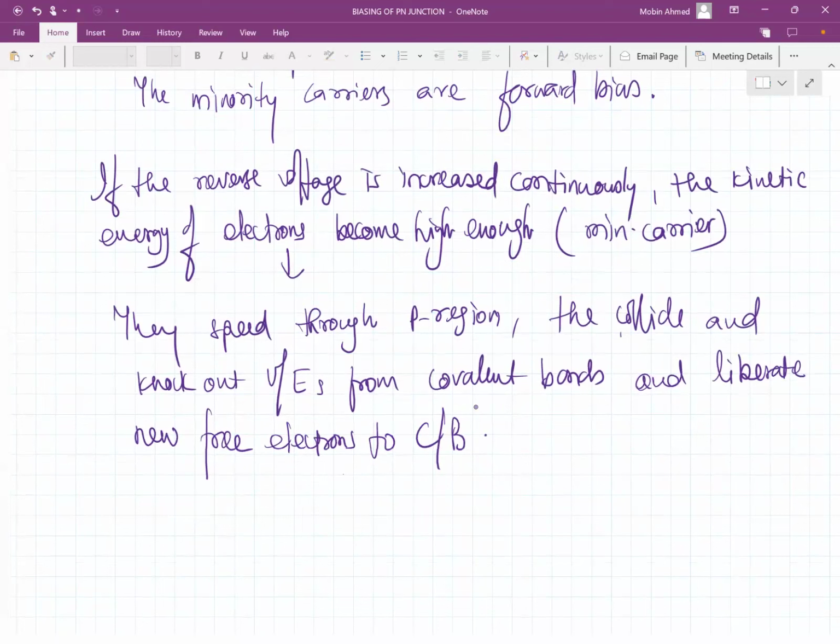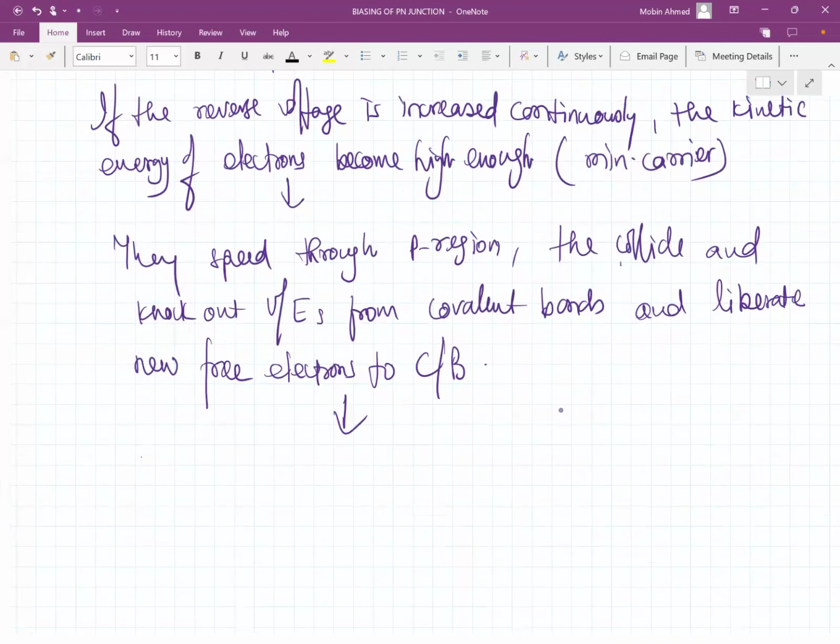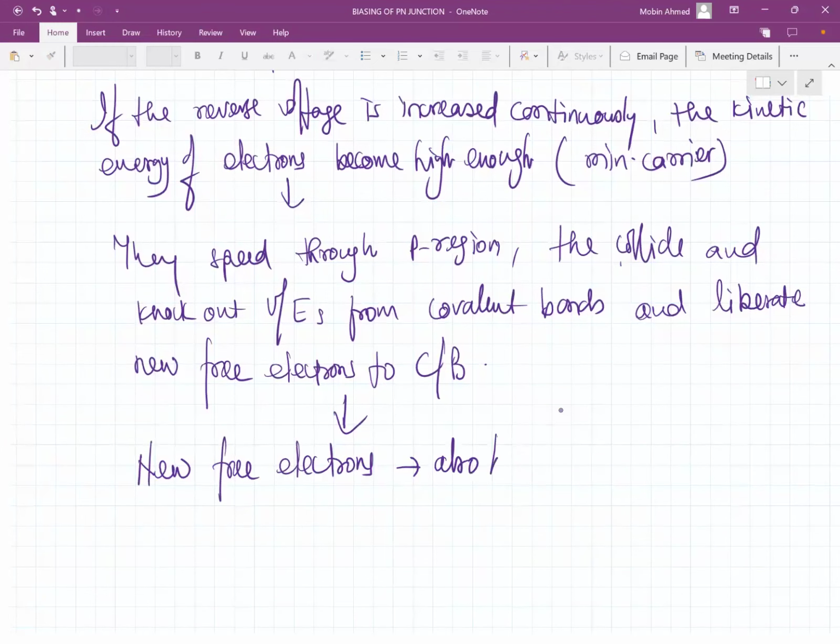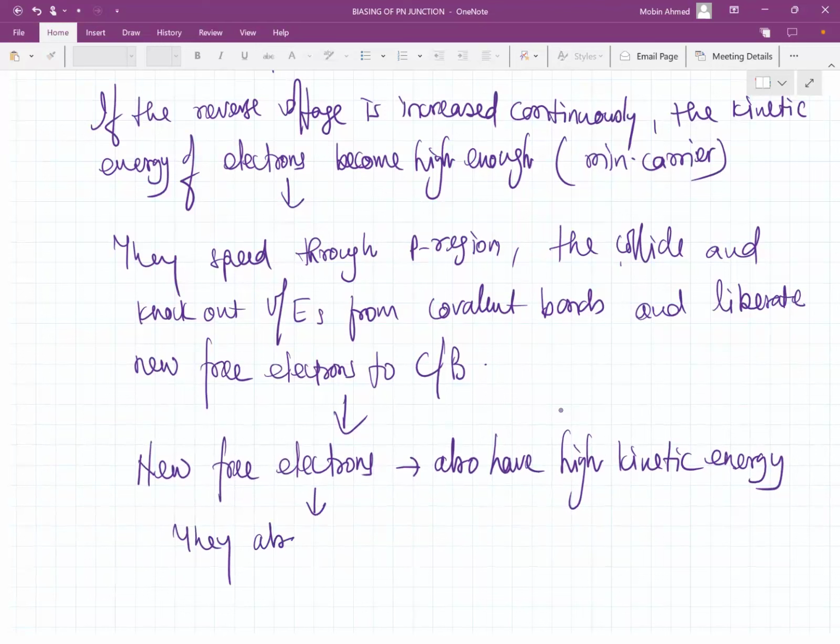Now these newly liberated conduction electrons also have high kinetic energy, and because they have high energy, they also repeat the same process.